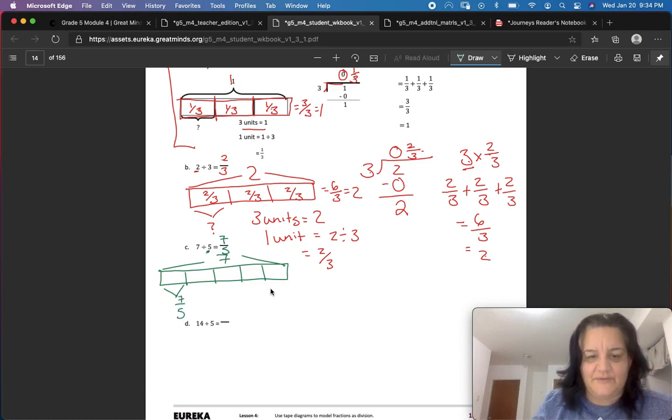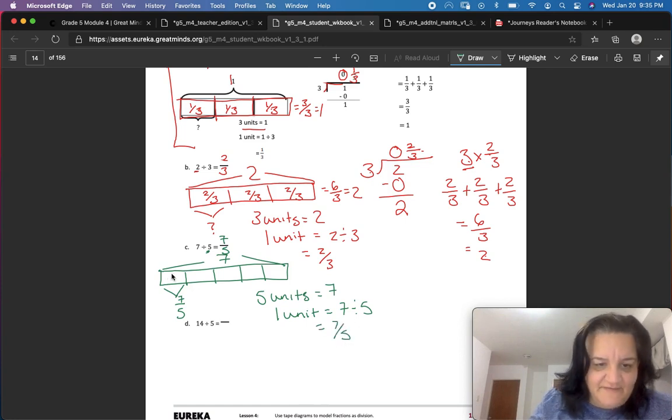Okay. So if 5 units equal 7, 1 unit equals 7 divided by 5, okay, which equals 7/5.